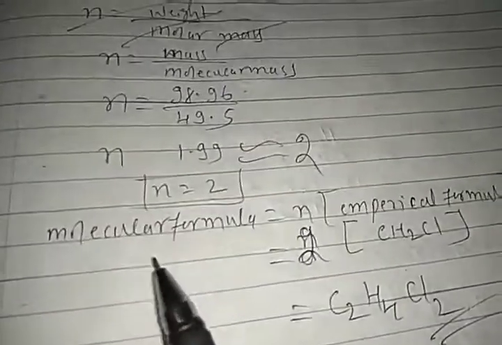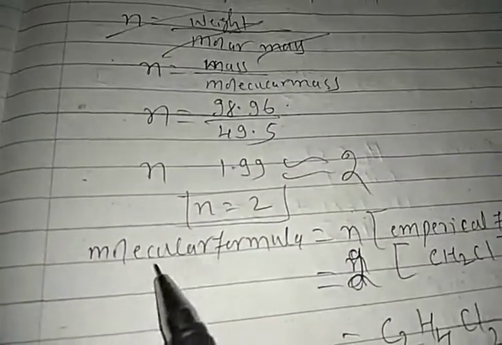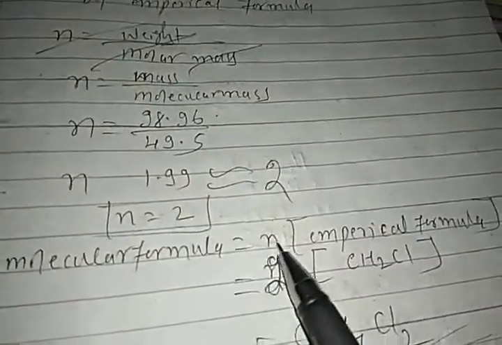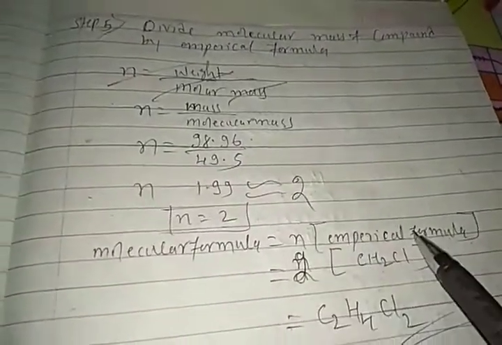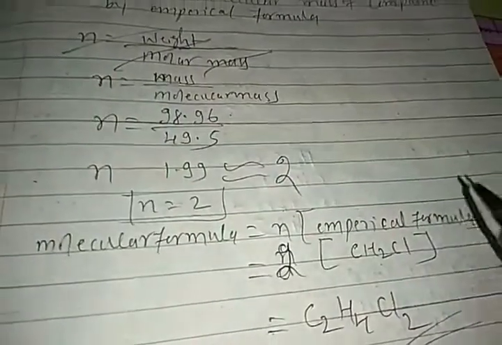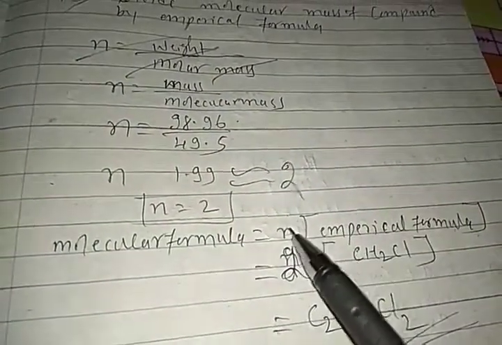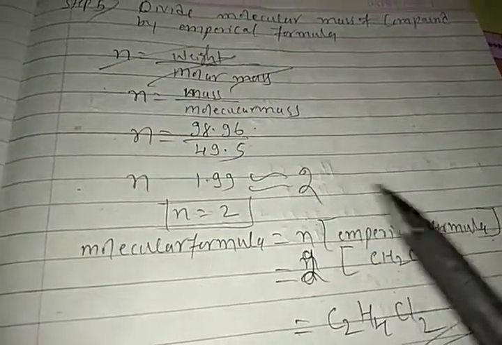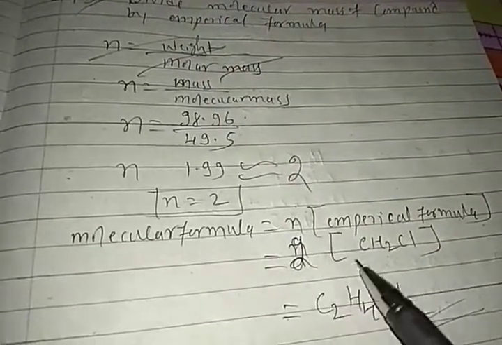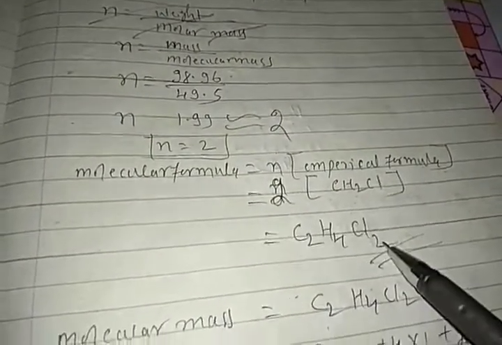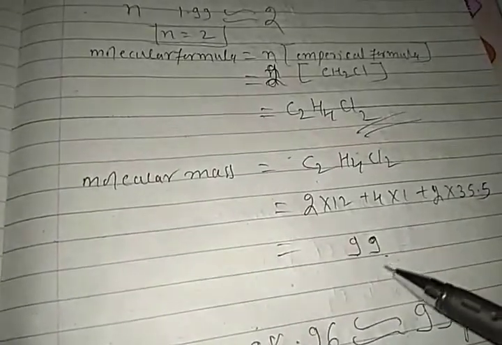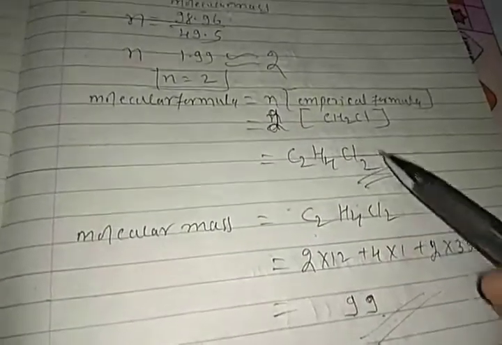Right. So how do we calculate the molecular formula? The formula is n times the empirical formula. Whatever empirical formula we got, you multiply it by this 2. So 2 times CH2Cl is C2H4Cl2, and its mass is 99.